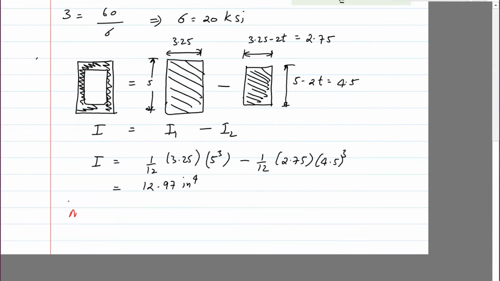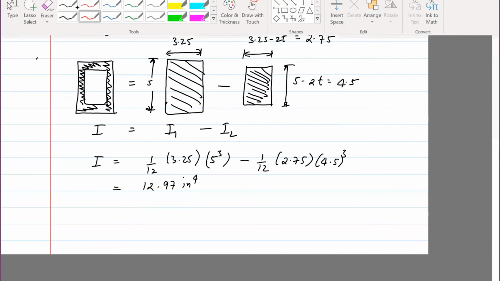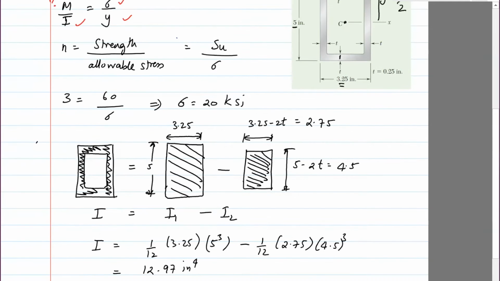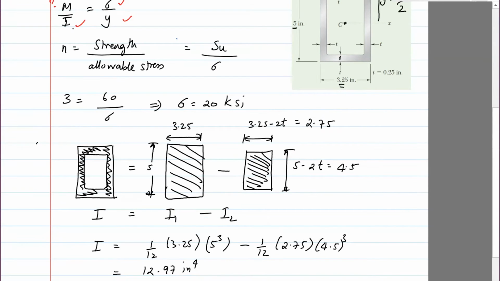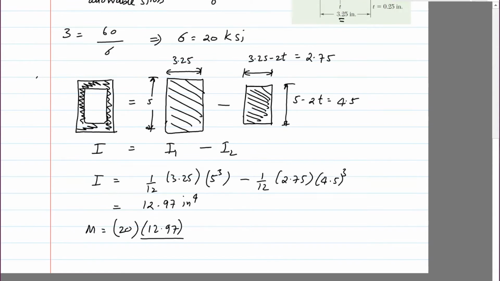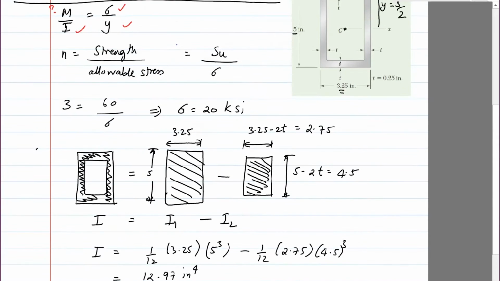So moment equals sigma, which is 20, times I, which is 12.97, divided by y, which is the maximum height, so it's going to be 2.5, 5 divided by 2.